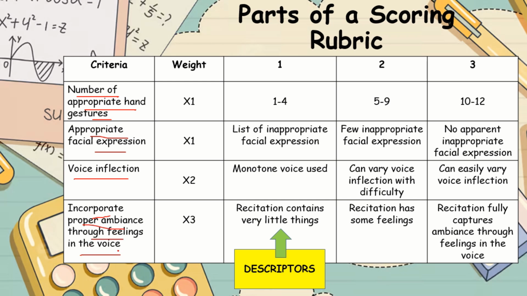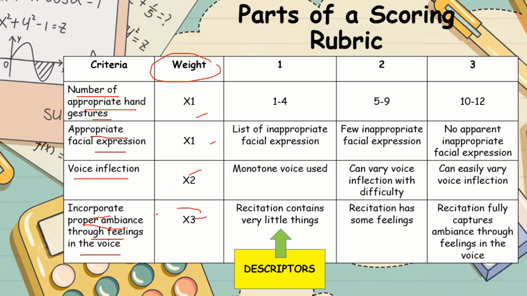It has three levels of performance: 1, 2, and 3. This describes specifically every criterion of performance. The second column is the weight per criterion. The criterion that incorporates proper ambience, true feelings in the voice, has the greatest weight.